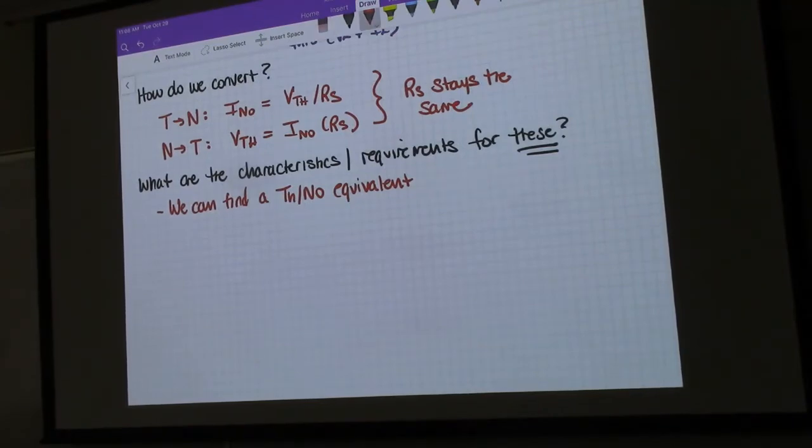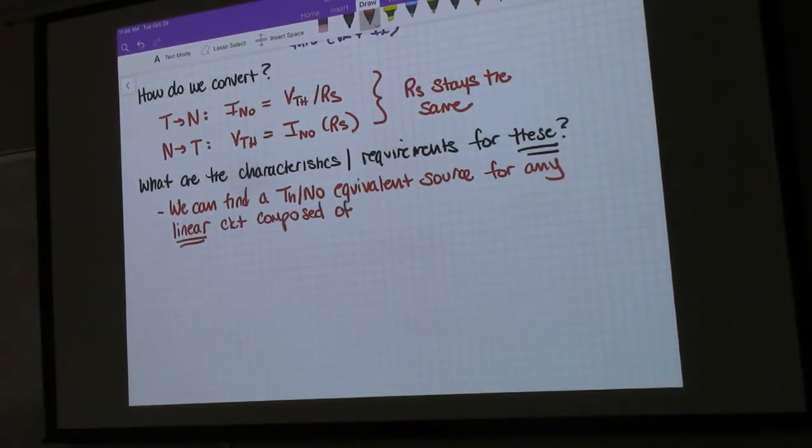So source for any, and this is important, linear circuit composed of sources and impedances.